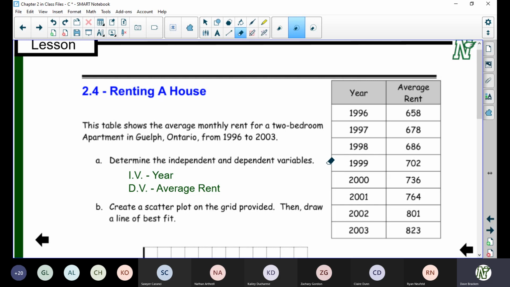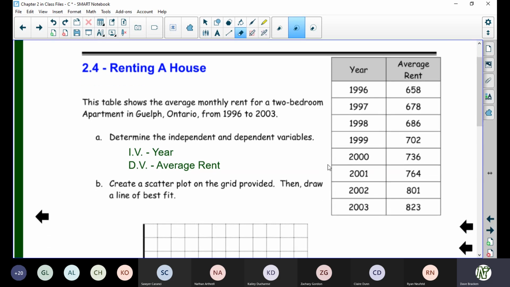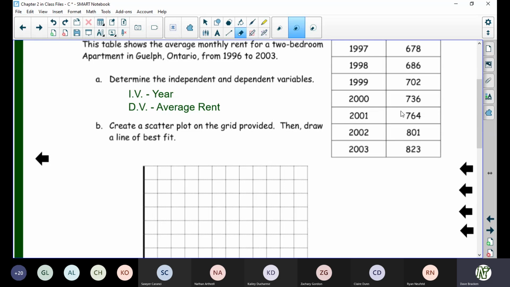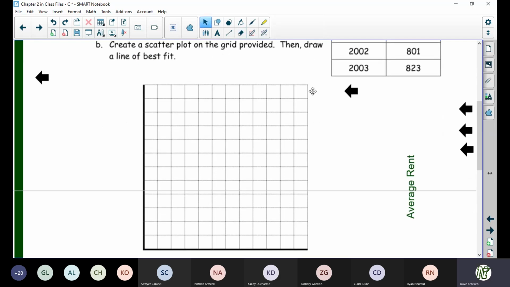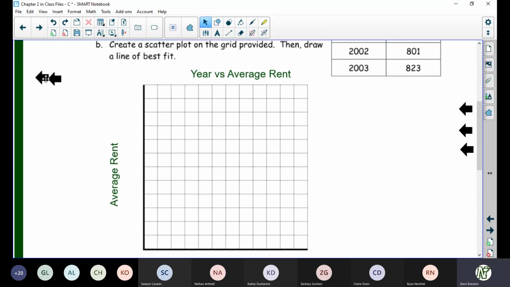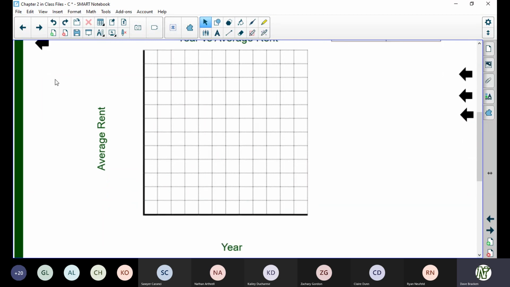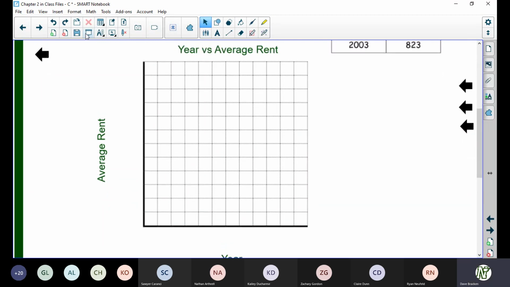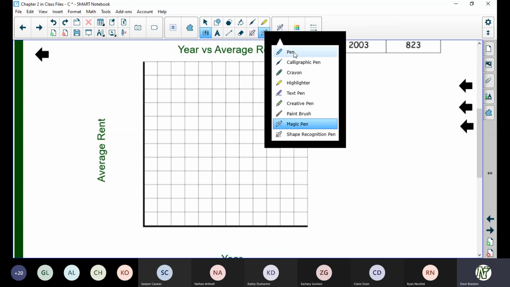So first question done. Now it says, determine a scatter plot. Well, year goes on the bottom. So I'm going to bring year on the bottom. Average rent goes on the side. And then the title is wrong. I don't know why that's that way. The title is wrong. Okay, I'm going to overwrite it. It should be the average rent versus the year.